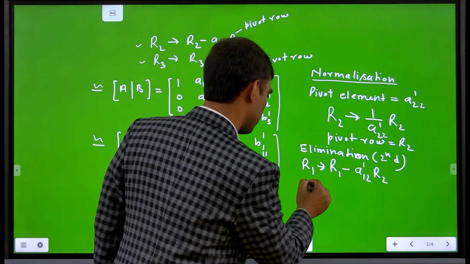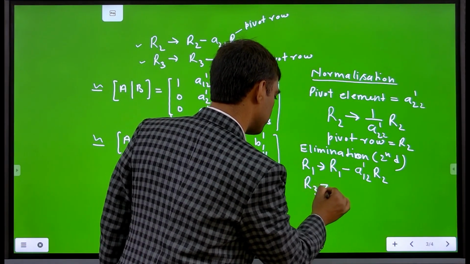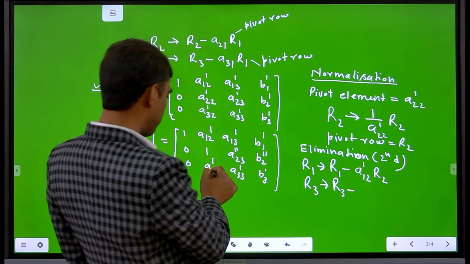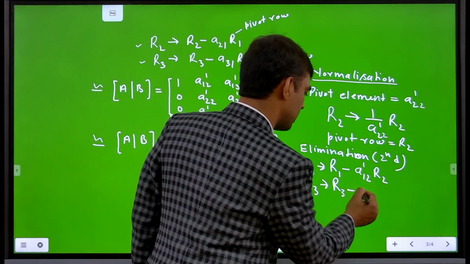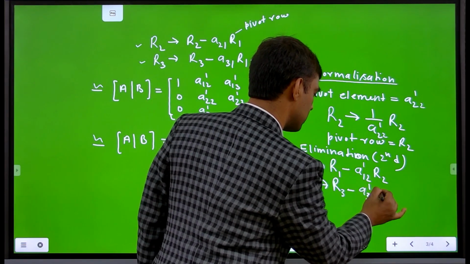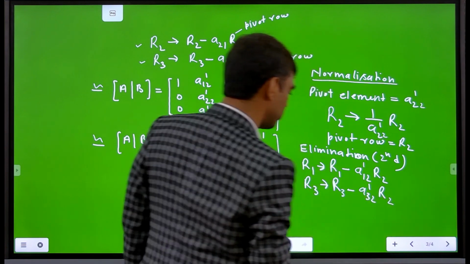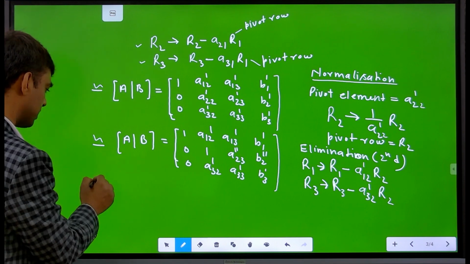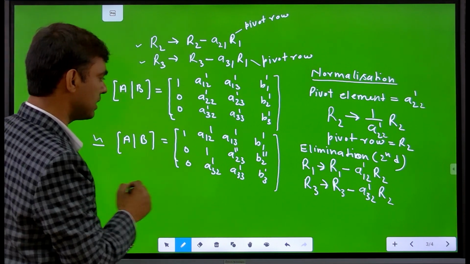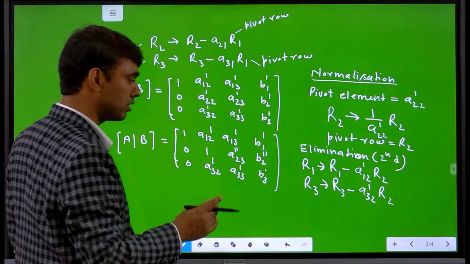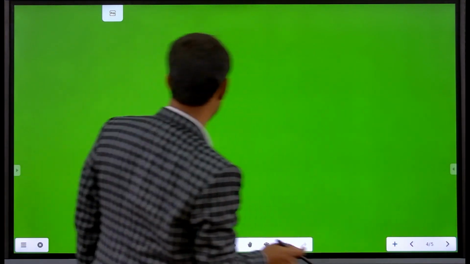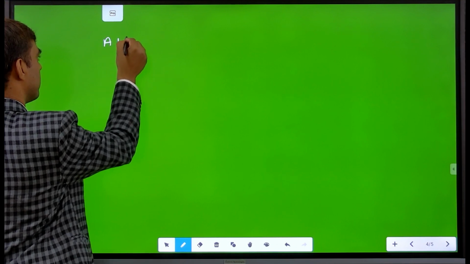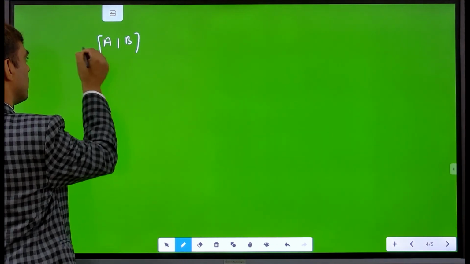So what is the value of R3? R3 tends to R3 minus A32 dash times R2. Then what is the equivalent matrix? In the next step, we write the equivalent augmented matrix.